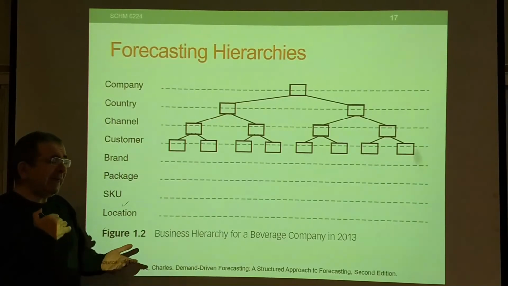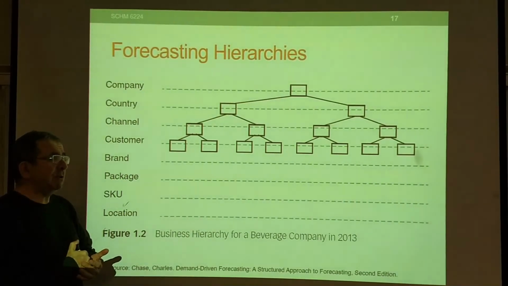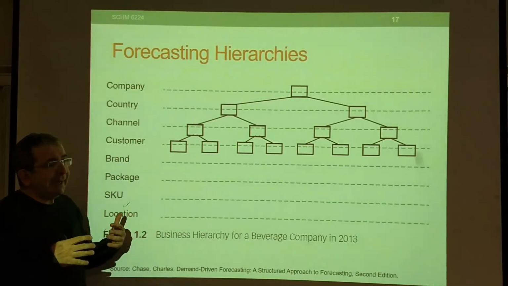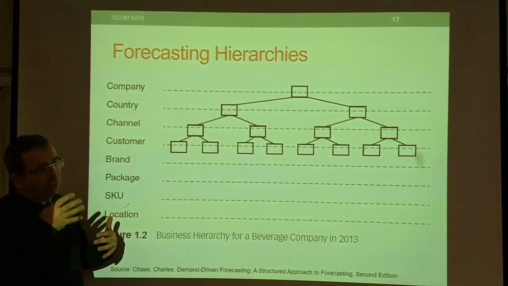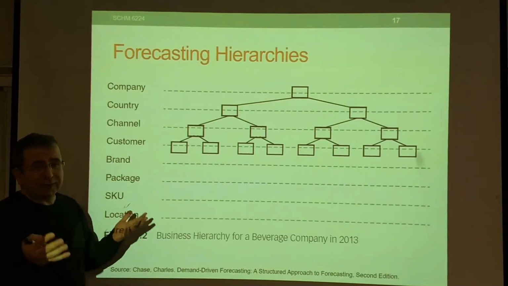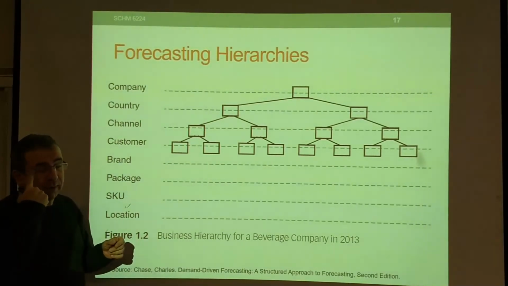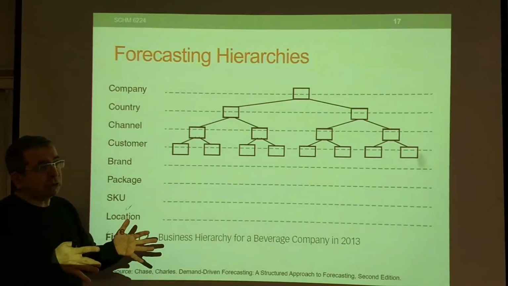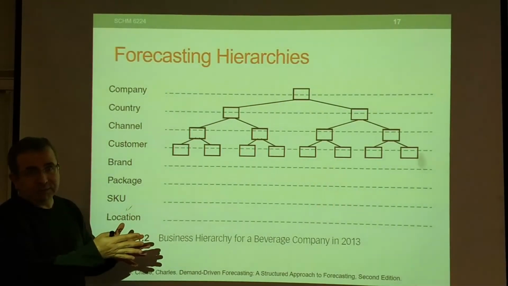Typically, forecast hierarchies will be incredibly complicated. So I may have given you this example in class before, but I was doing a project for Wendy's, and on their menu, there are 300 items. So a Wendy's store can sell you 300 items.